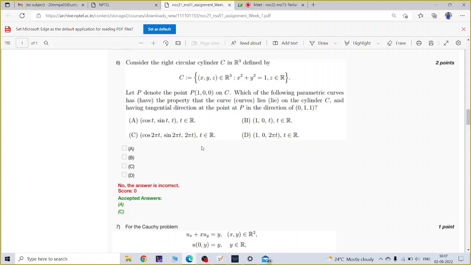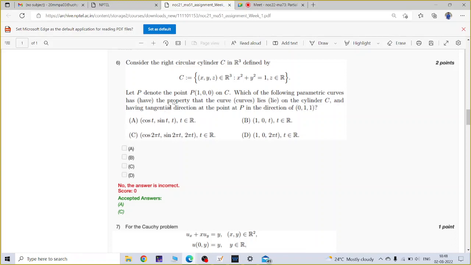So it is very easy, no need of any PDE. P is on the cylinder, right? P is 1, 0, 0 because 1 square plus 0 square equals 1. Which of the following parametric curves has the property that the curve lies on the cylinder?